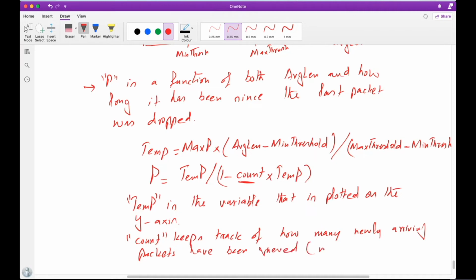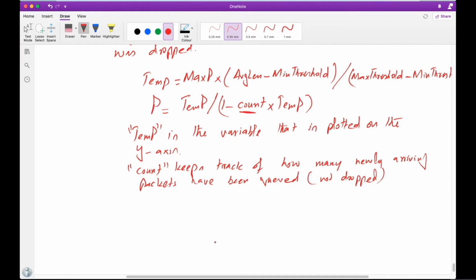Not dropped. So obviously this will help me to identify how it has been doing since the last drop.